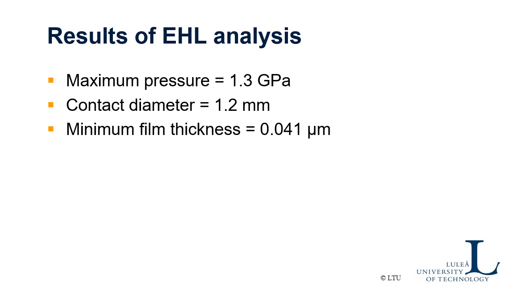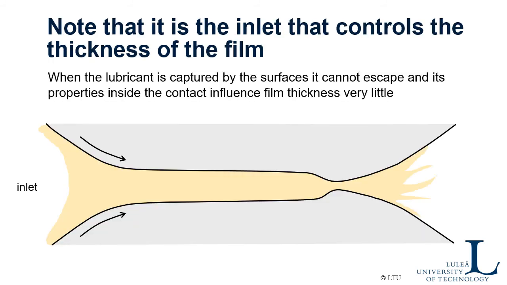So even if the load is relatively low in this case, the film thickness is still pretty small. So it's a relatively thin film, and that's probably because of the low rolling, or the low entrainment speed in this case. Okay, that's the typical EHL film thickness equations.